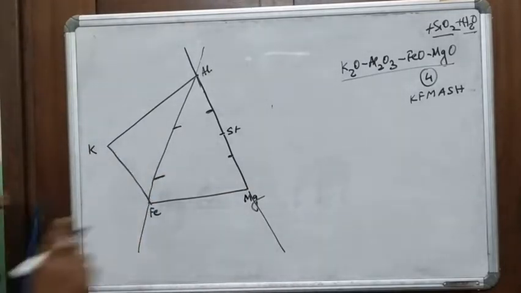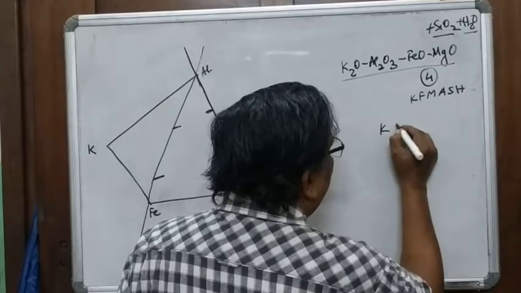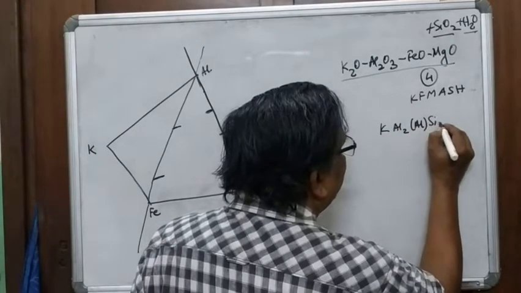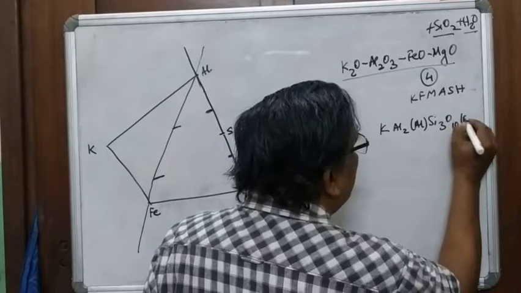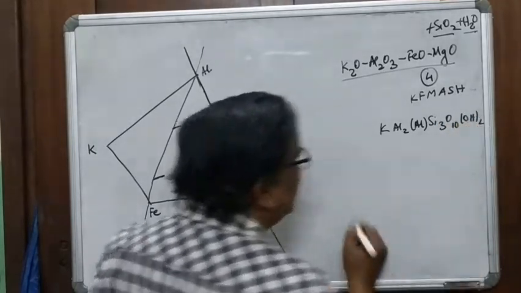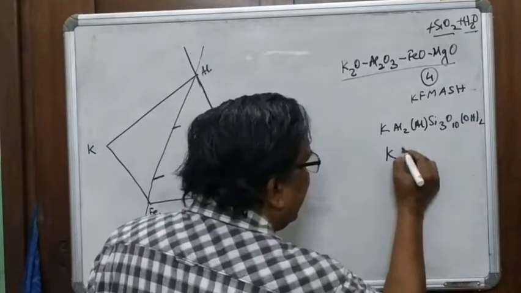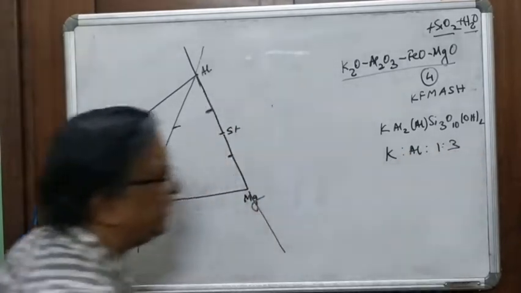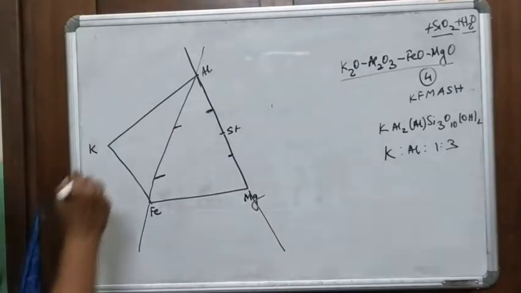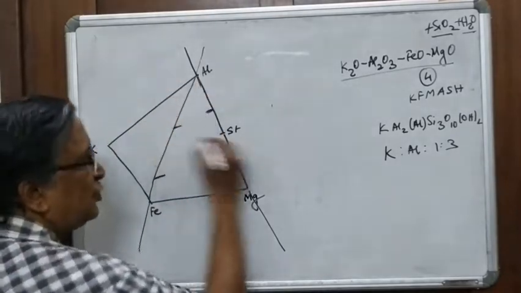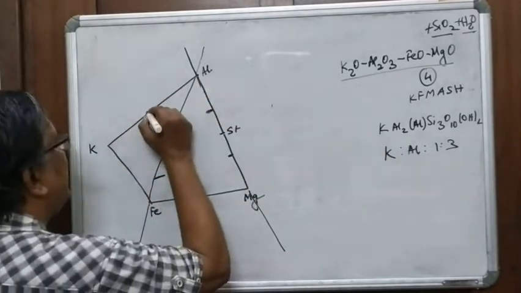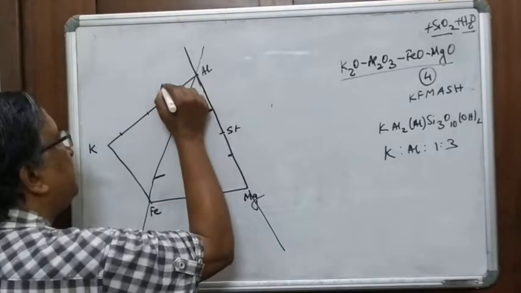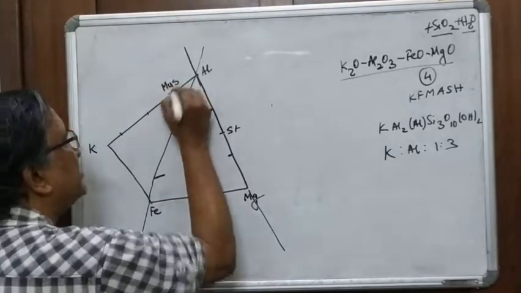But muscovite, KAl2(AlSi3O10)(OH)2. You see that K to Al ratio is 1:3. So if I divide it 4 times, this should be the plot point where you have muscovite.